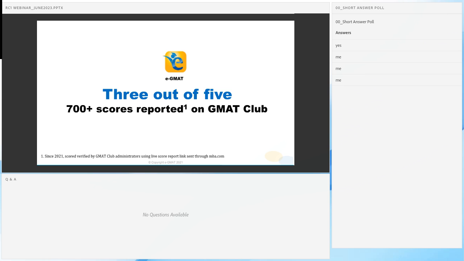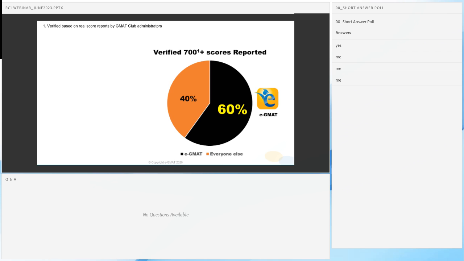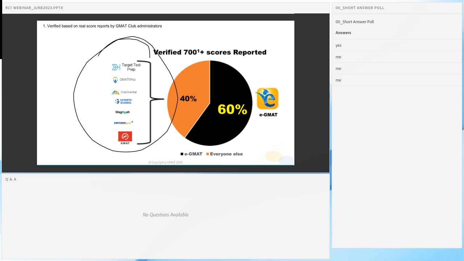So 3.5 to 3.6 out of 5, 700 plus scores reported on GMAT Club. And GMAT Club does a really good job of organizing these results chronologically. You can go verify that. Statistically it's 3 out of 5, right now it's 3.5 out of 5. 40% is each one of these companies combined. 60% is just us. These are just 700 plus scores.